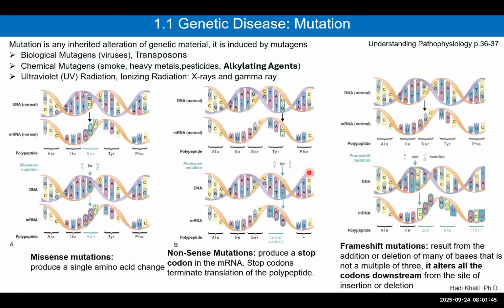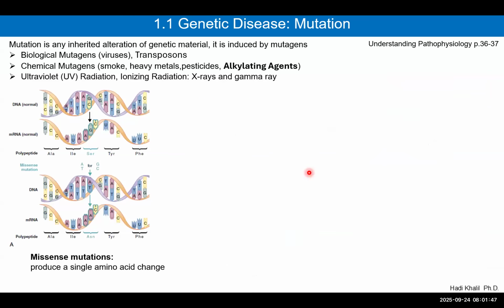Okay, so the 3 different types of genetic diseases. These are the monogenic diseases, alterations in a single gene that could lead to a disease. What are the biological mutagens? These are viruses. As I said, a virus could insert its DNA and cause a mutation that is added to some of our genes.